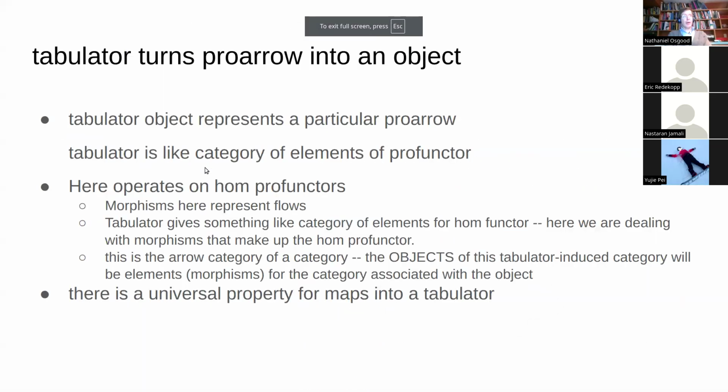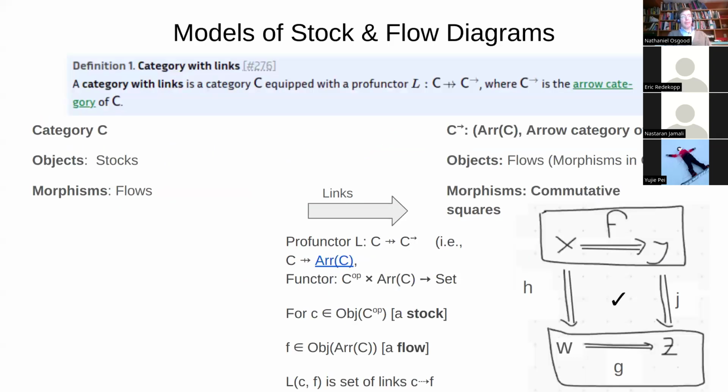In this arrow category, we're going to be representing the morphisms of C, and these are actually vertical morphisms.